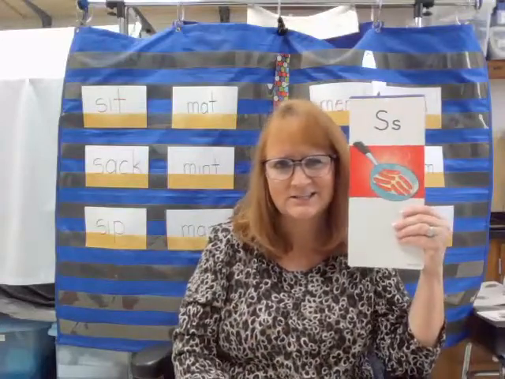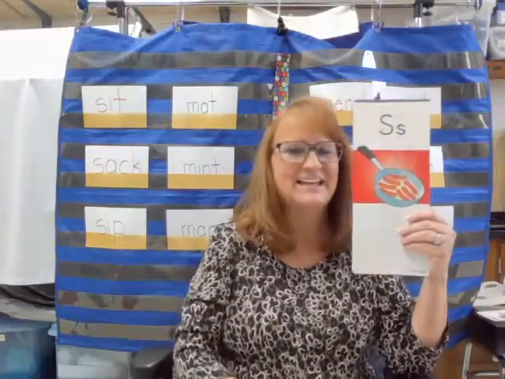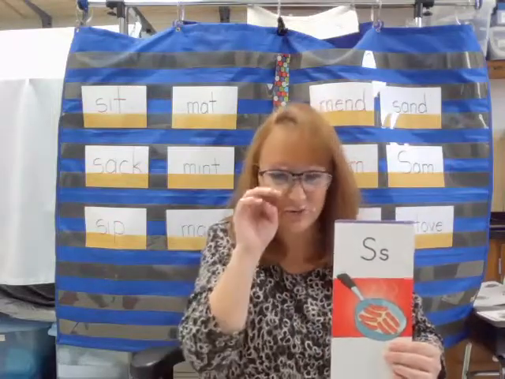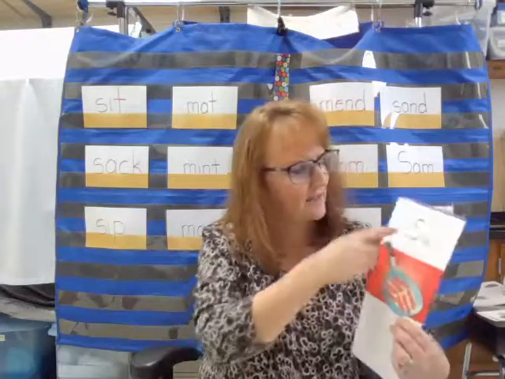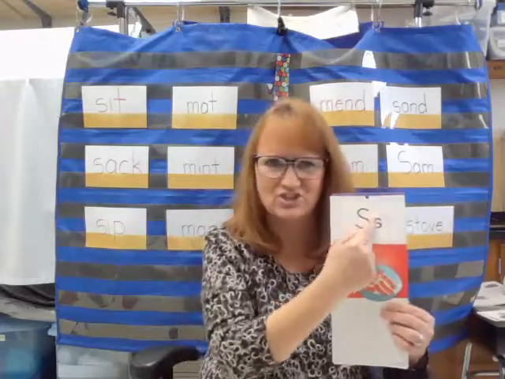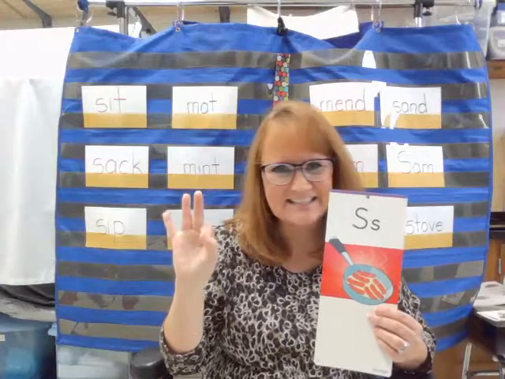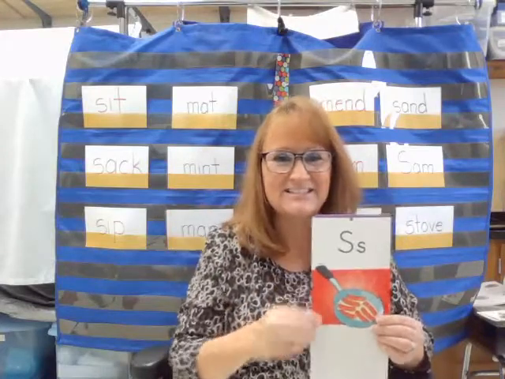And remember our sausages that were sizzling in the skillet? Yep, letter S. And letter S makes that sound. Sort of sounds like a snake. And if you look at the letter S, it kind of reminds me of a snake, the way that it's shaped and curves around like that. So what's the sound for letter S?